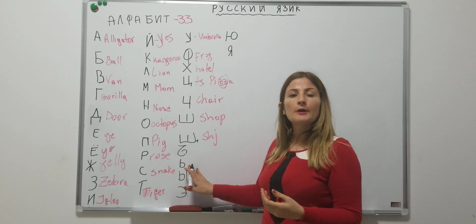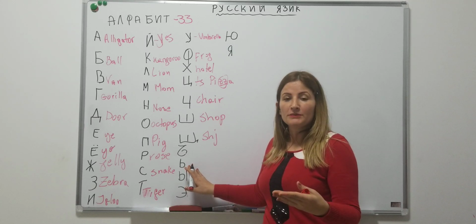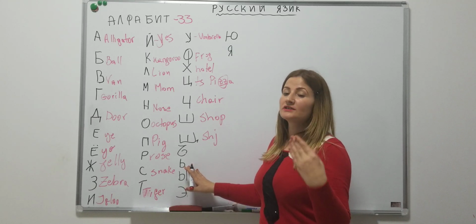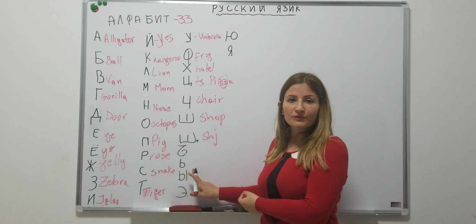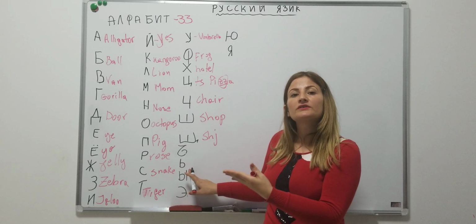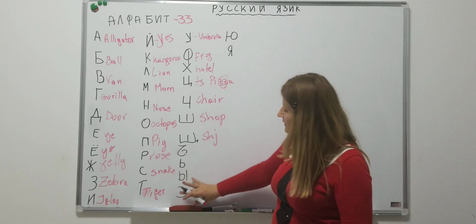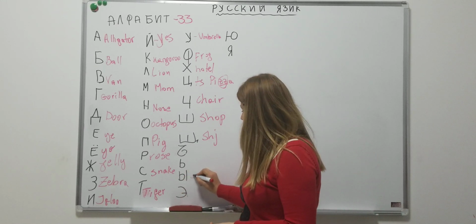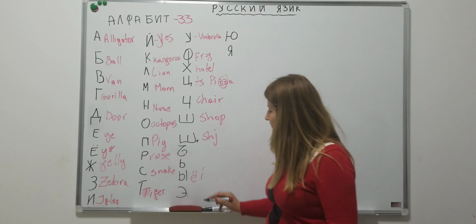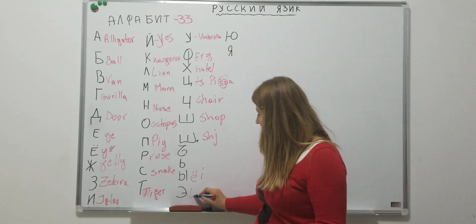And this is called myagkiy znak. Myagkiy in Russian means soft. So the function of this letter is to soften, to make the word very soft, very nice. E like elephant.